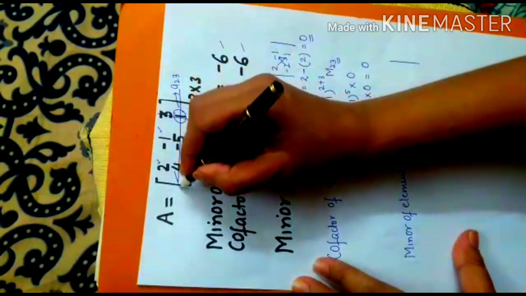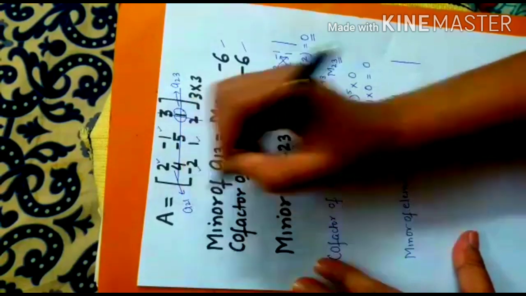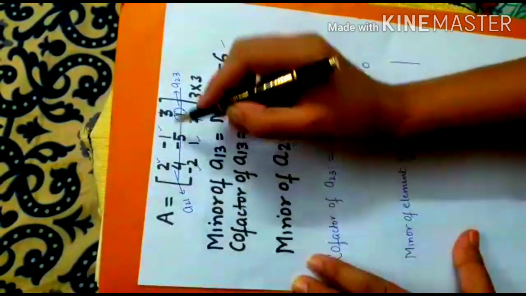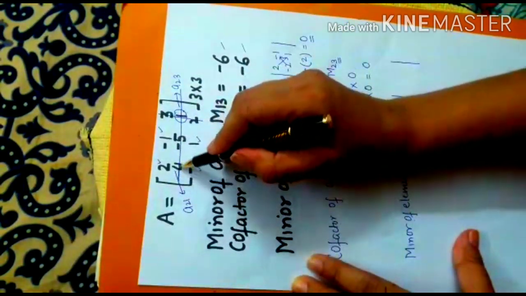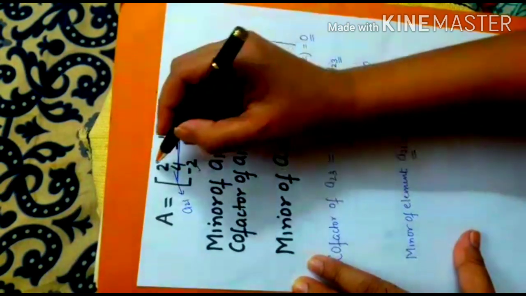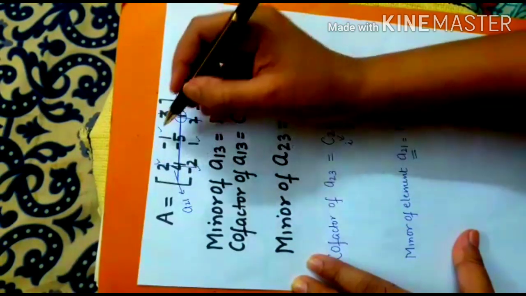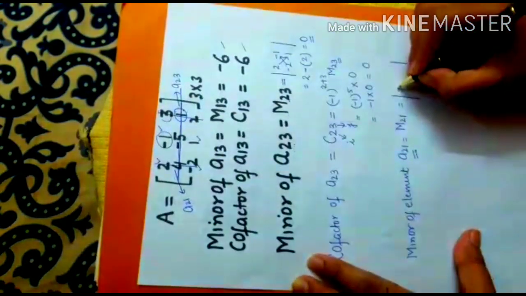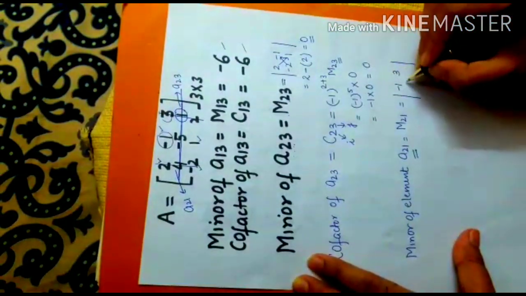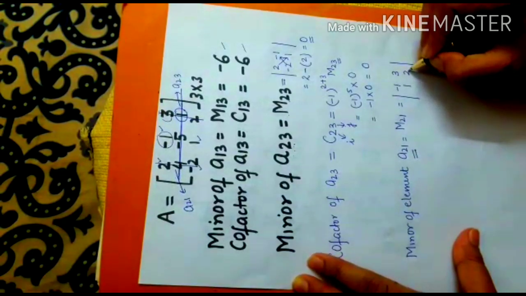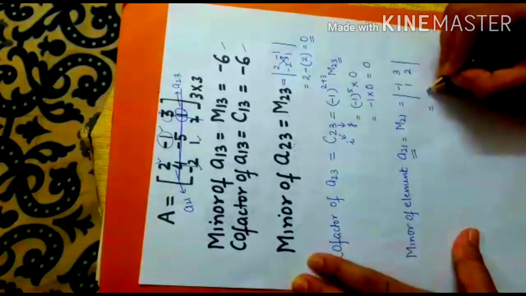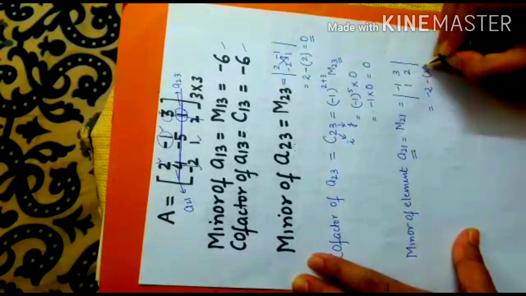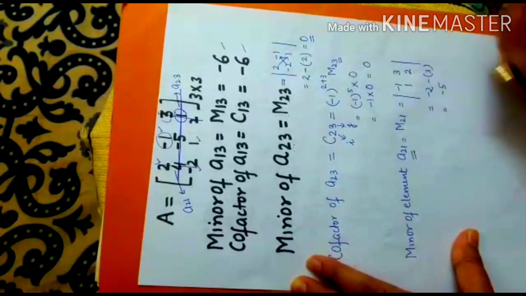So here A21 is this element. It lies in the second row, so I delete the second row and the first column. So I am left with the submatrix with elements -1, 3, 1, 2. The value of this determinant is -5.